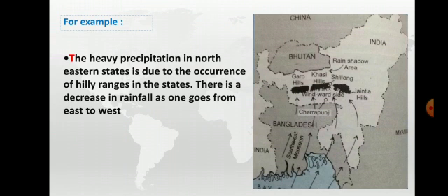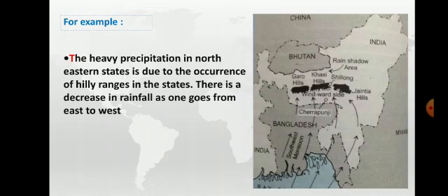As you see on the map here, you can see three hills like Garo, Khasi and Jaintia hills are there. They are standing in a curve shape, isn't it? So almost most of the Bay of Bengal branch rainfall is received in this area.